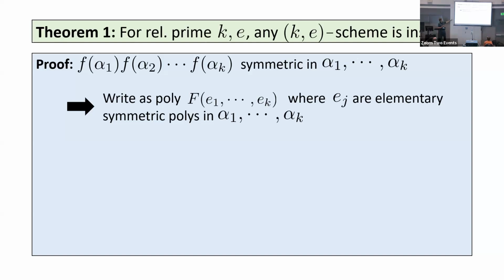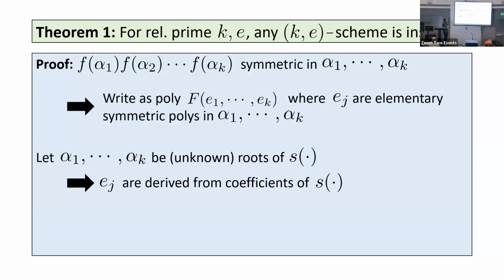So each e sub j is some elementary symmetric polynomial in alpha 1 to alpha k, and I can write the whole product of these f's as capital F of these elementary symmetric polynomials. And this is all just based on public information. The alphas are just formal variables, we're not using these.